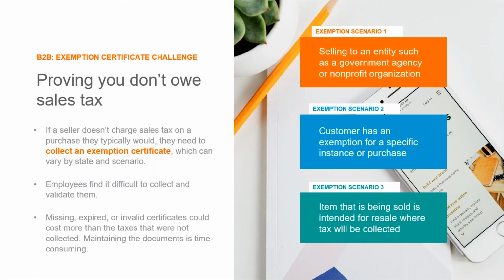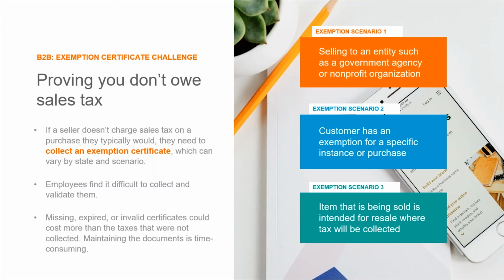But it is critical that you get that documentation, and missing, expired, or invalid certificates cost more in taxes. And that's one of the highest areas where assessments come from in audits. So in the past, we've estimated that 80% of audit assessments come from missing, expired, or invalid certificates and consumer use tax.